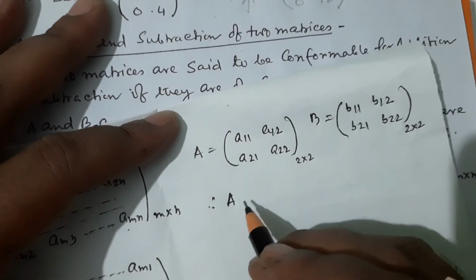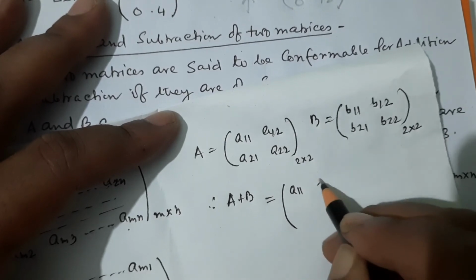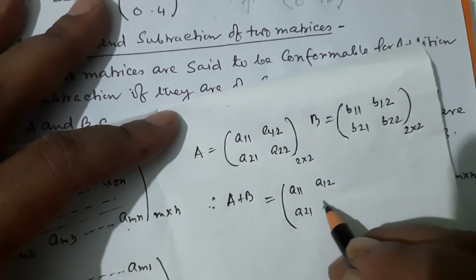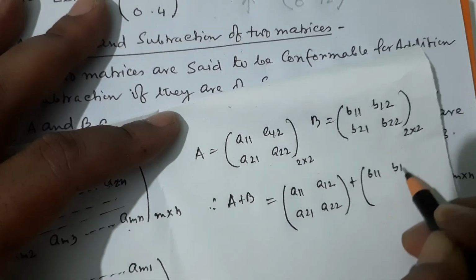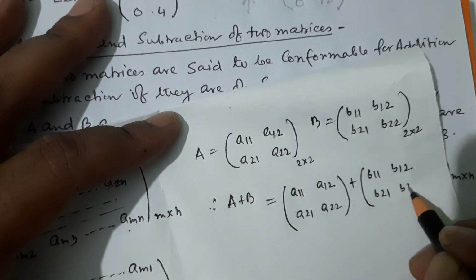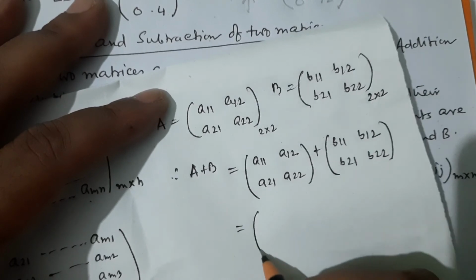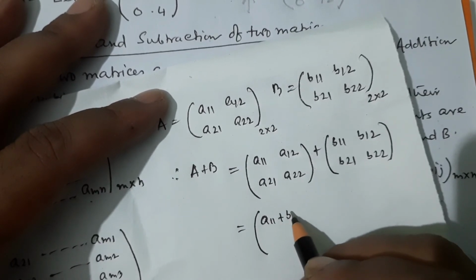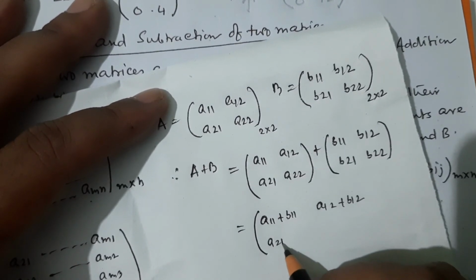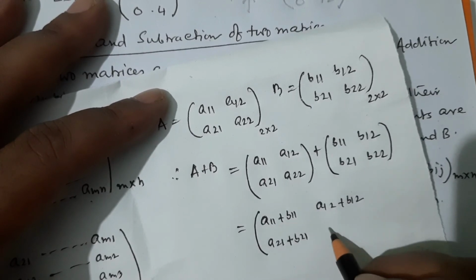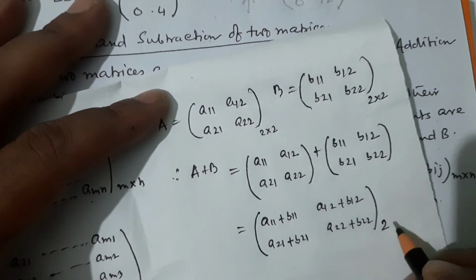So we can add these two matrices. A plus B equals [a11, a12; a21, a22] plus [b11, b12; b21, b22]. We just add corresponding elements and get [a11 plus b11, a12 plus b12; a21 plus b21, a22 plus b22], and this is also a matrix of order 2 cross 2.